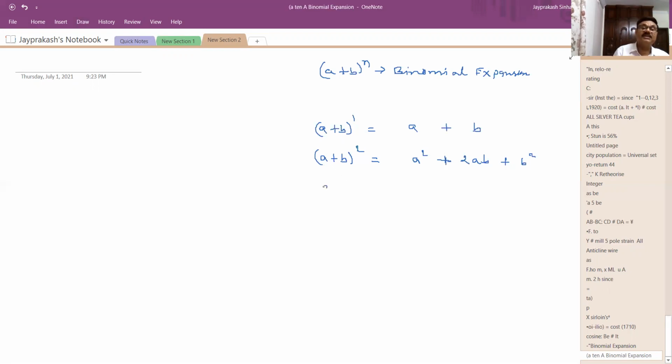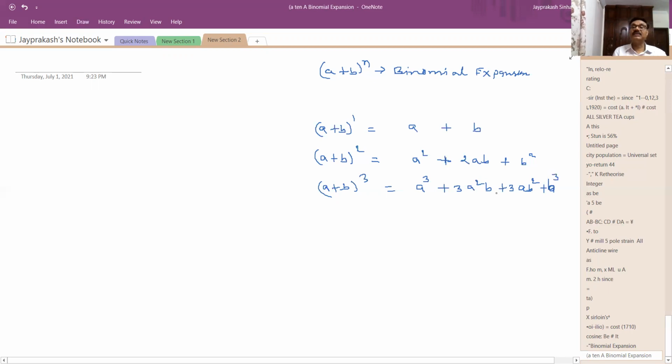We also know the expansion of (a + b) cubed, equal to a³ + 3a²b + 3ab² + b³. We already know this. But with the help of Pascal's triangle, we will be able to find the expansion of any power of a binomial.